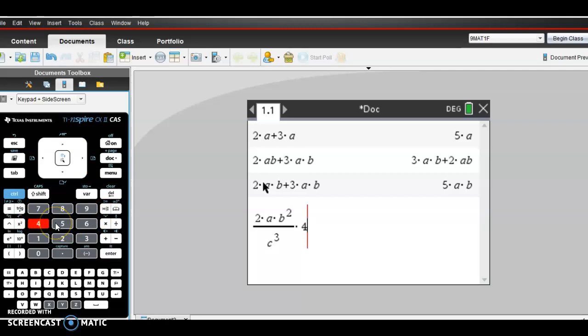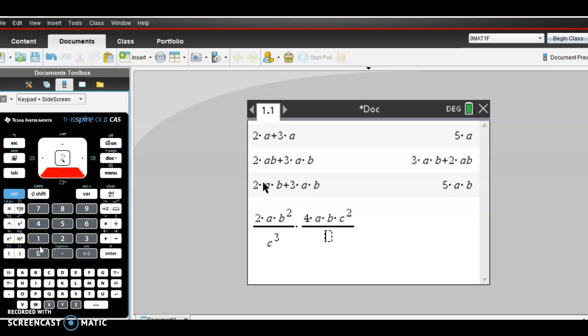4. Oh, hang on, let's do another fraction tool. Control fraction tool. 4 times. Remember, if we're going to have numbers and pronumerals, separate them with a multiplication. So we'll just put A times B times C squared.